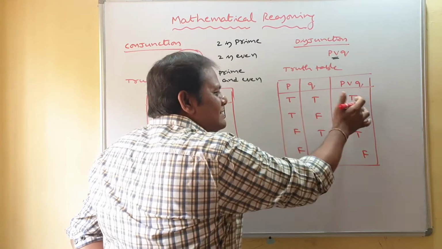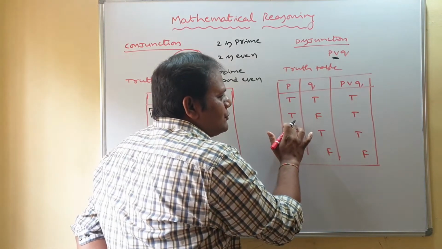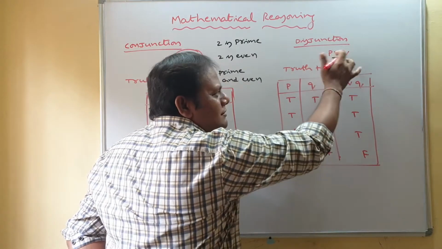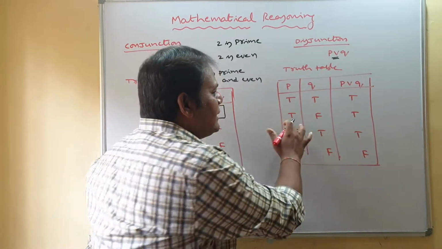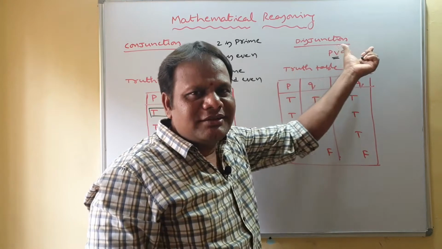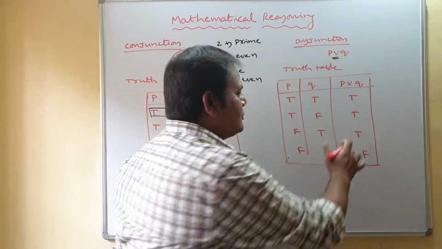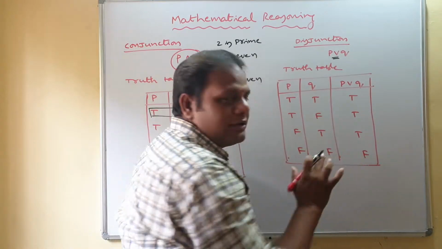Both true, yes, it is true, no doubt in that. P is true, Q false: yes, any one of them is true, so that is true. So T or F is T. What about F or T? Any one of them is true, so true. F or F, both false, so that is false.